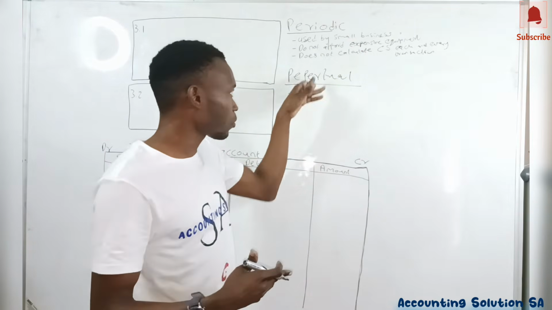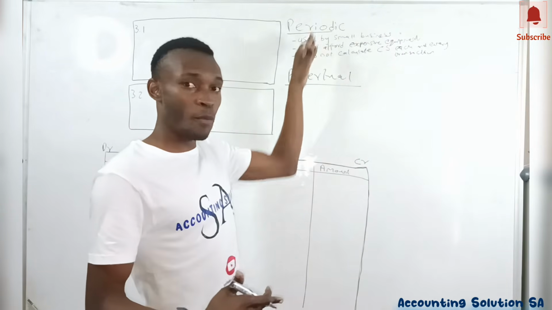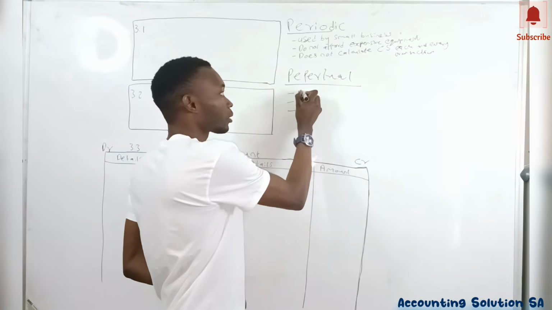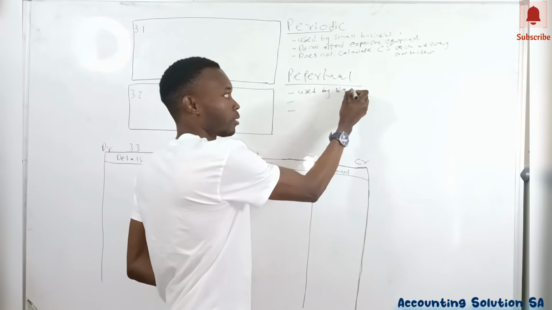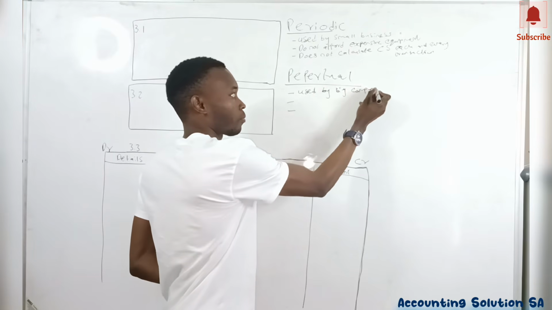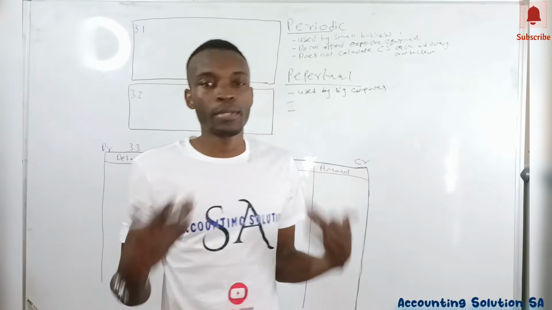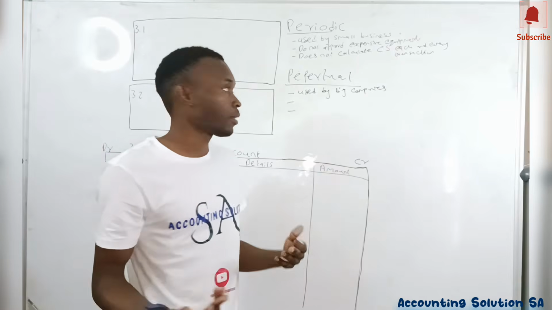Okay, now let's come to a perpetual inventory system. Of course, it's the opposite of the periodic. A perpetual is used by big companies. The reason is because big companies can afford expensive equipment.